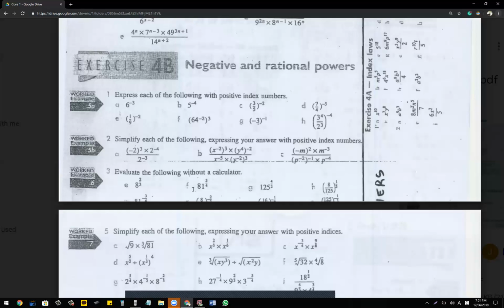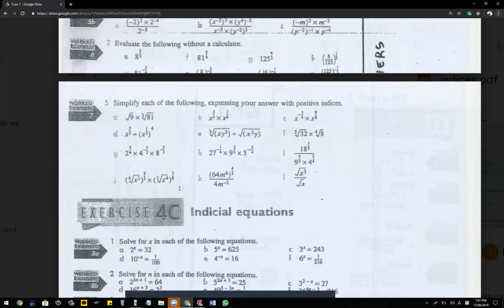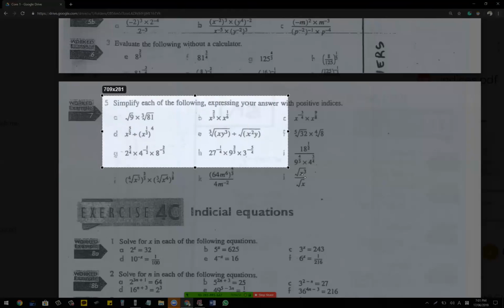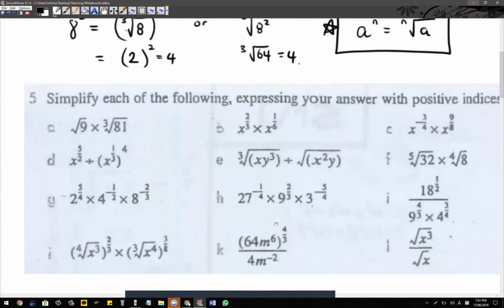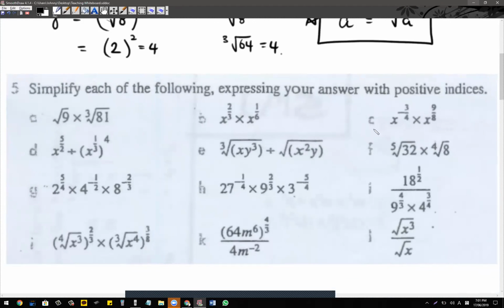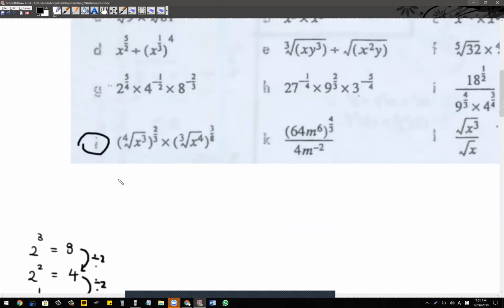Moving on to the next. I'm going to try a couple of questions here. The goal of this is to simplify these with positive indices. I'm going to go with I here, okay?